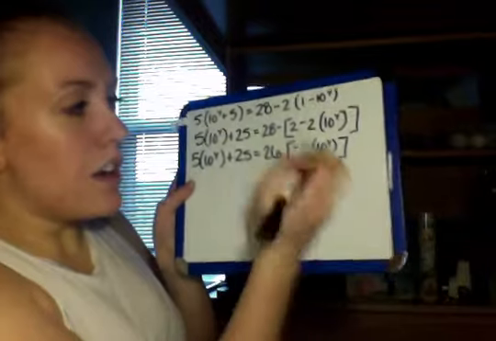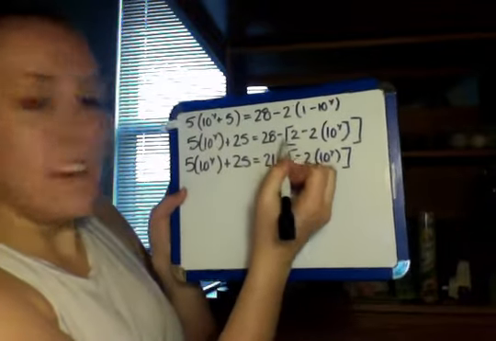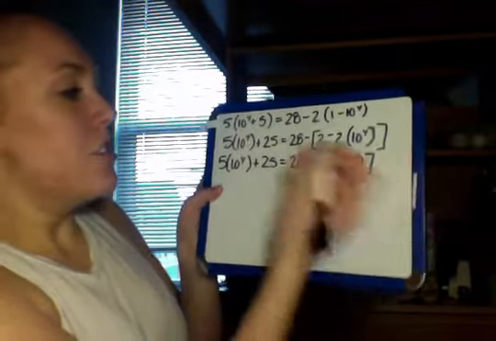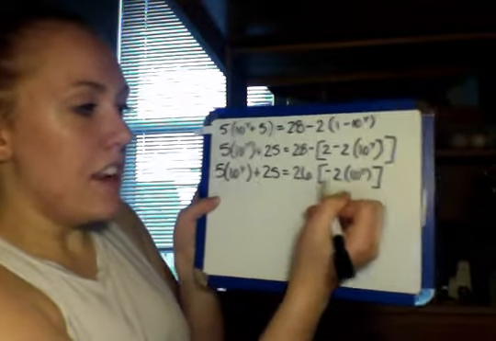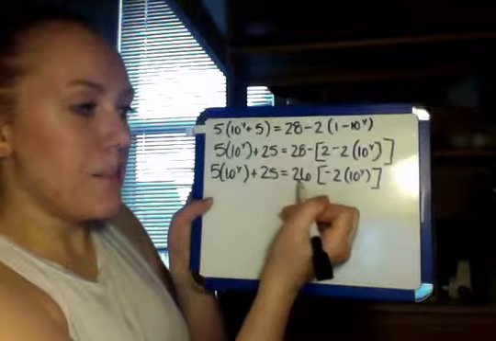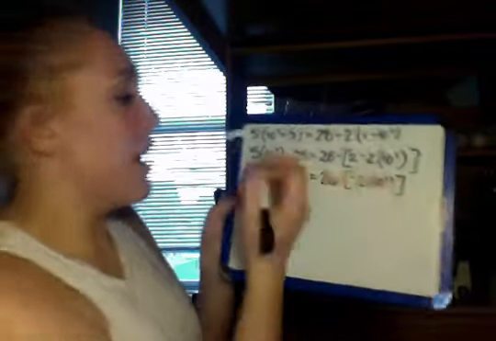So what we did in this one is we took the 28 and we subtracted 2 from it. So the next thing we're going to do is subtract 25 from this side, subtract 25 from this side. So instead of 26, we're going to have a 1.